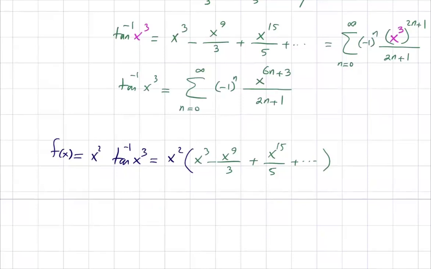This guy can be written as x to the power 5 divided by 1 minus x to power 11 divided by 3 plus x to power 17 divided by 5, and the rest of the terms. Here you had x to power 21, am I right?